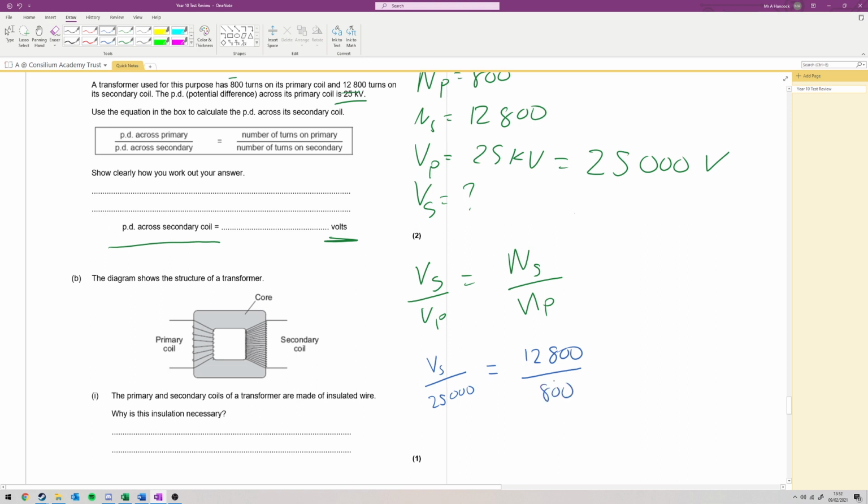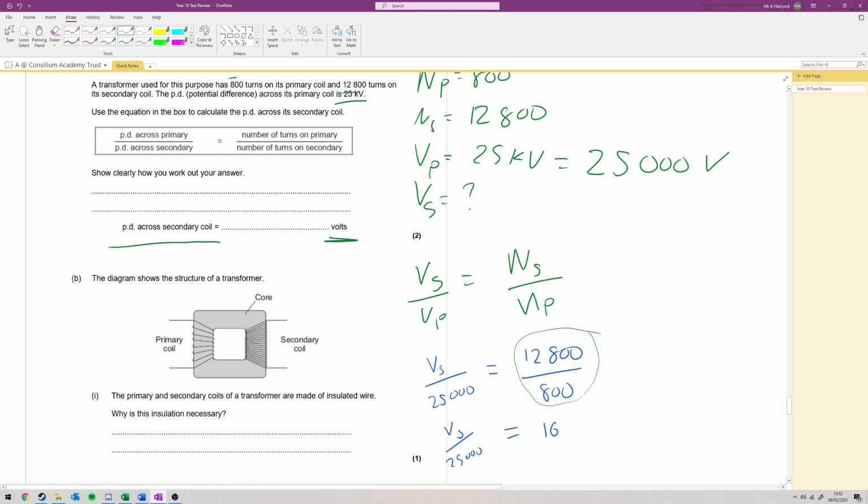Well, let's have a look. 12,800 divided by 800 equals 16. So I have now got voltage of the secondary divided by 25,000 equals 16, right? Because this fraction, if you put that into your calculator, just equals 16.